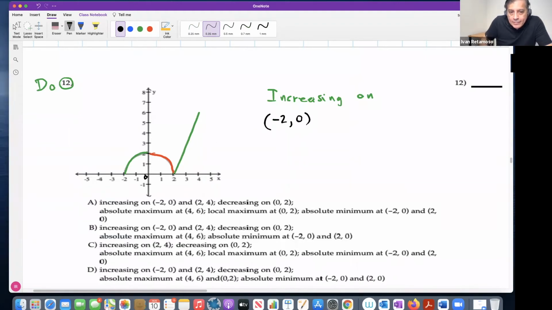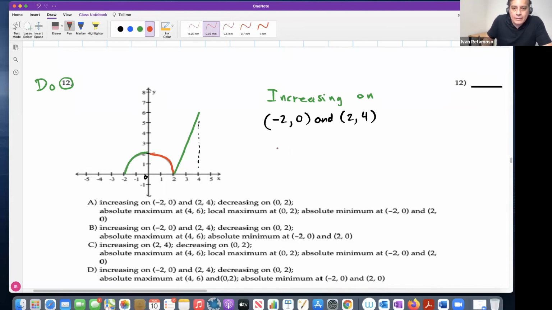Then decreasing, then increasing again from 2 up to this guy, 4, right? Up to 4. Yeah, 2 to 4. So end here. All right, that's increasing.